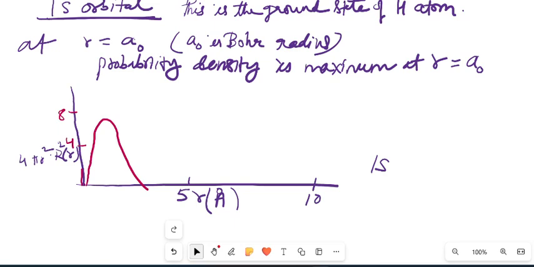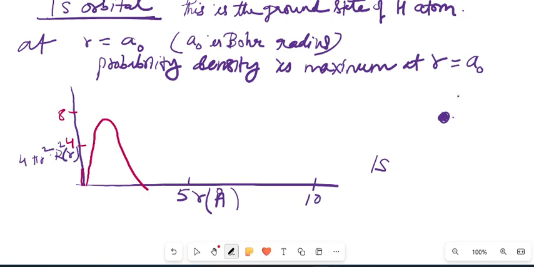At a particular distance from the nucleus the probability density is highest, and then it decreases as the distance increases. At zero distance from the nucleus, the probability density is 0, so there is no probability of finding the electron at the nucleus.